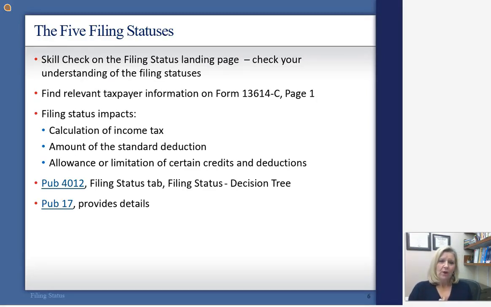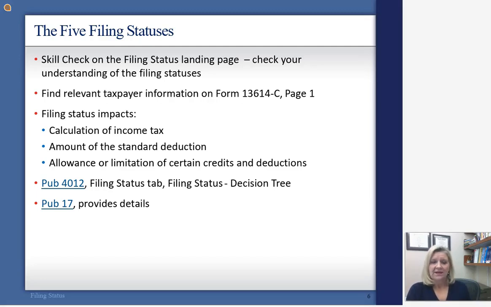All right, so why is it important to know the filing status of the client? It impacts their taxable income, which will by default impact the amount of their income tax. The taxable income varies depending on what the standard deduction is. Standard deduction is different for single versus head of household versus married filing jointly.